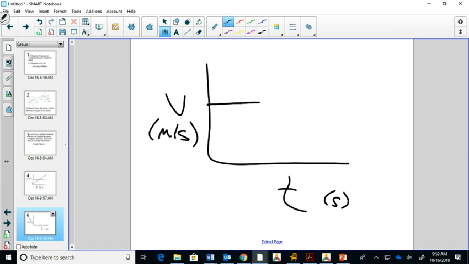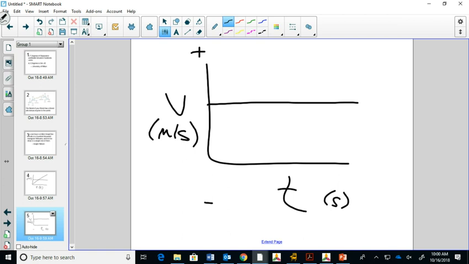So if I have something that looks like this, the velocity is constant, not changing. In this case, we're assuming it's a positive velocity because we're assuming this is positive and this would be negative. So what's the acceleration of this guy? It would be zero. His velocity is not changing, because remember, the slope of a velocity time graph is acceleration.